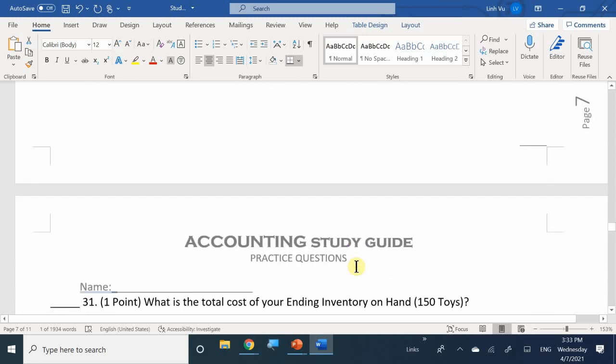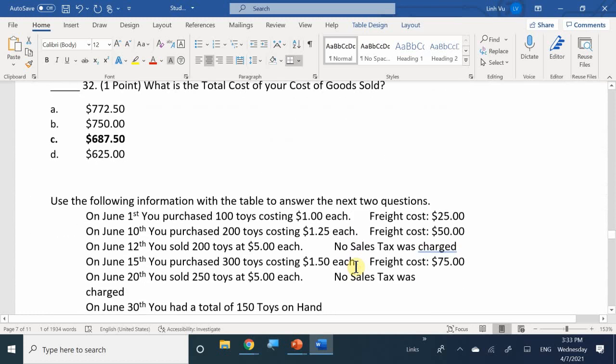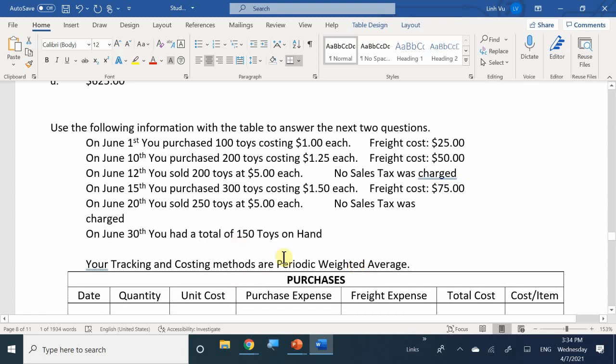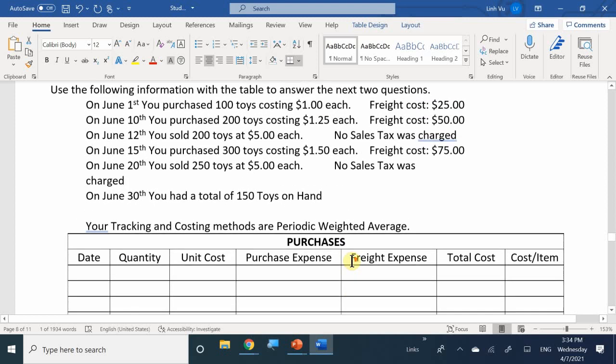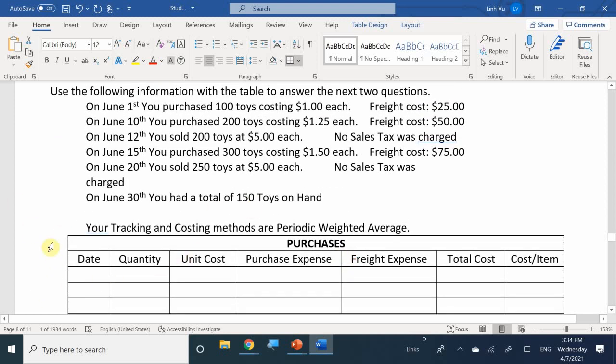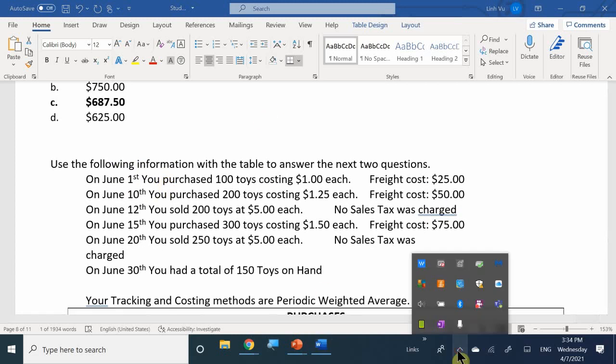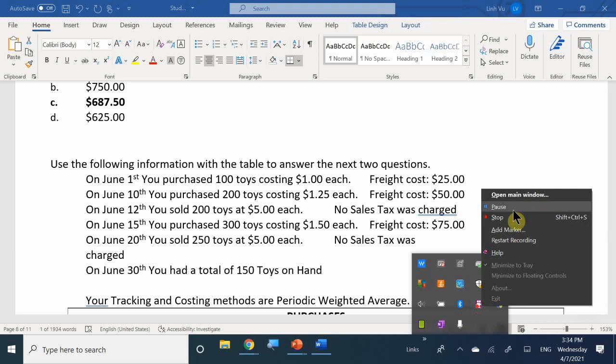Okay. So let's go ahead and do the same exact one, except this time we are dealing with weighted average. Make sure that you read carefully. It says right here, your tracking and costing method is periodic weighted average.